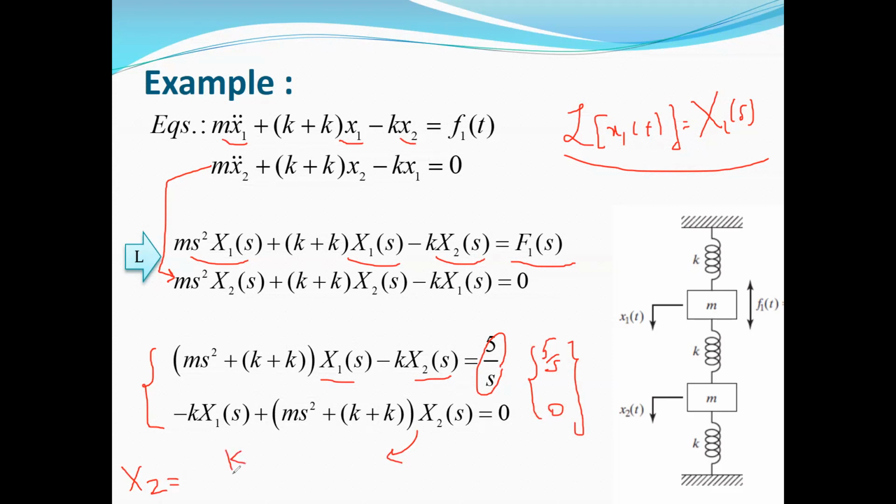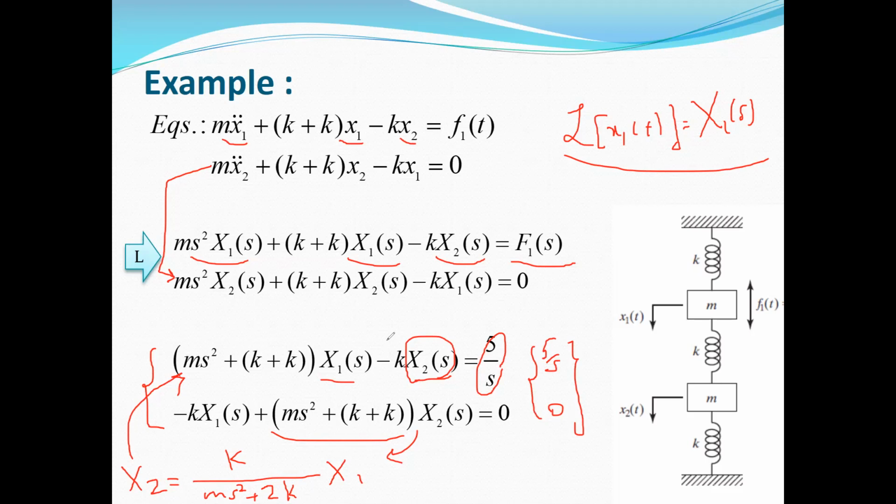You can obtain that X2 is equal to k divided by (m s squared plus 2k), multiplied by X1. So here you can substitute in the first equation: instead of X2 you substitute k divided by (m s squared plus 2k) times X1, and then you will have one equation in terms of X1, and you can solve it for X1.